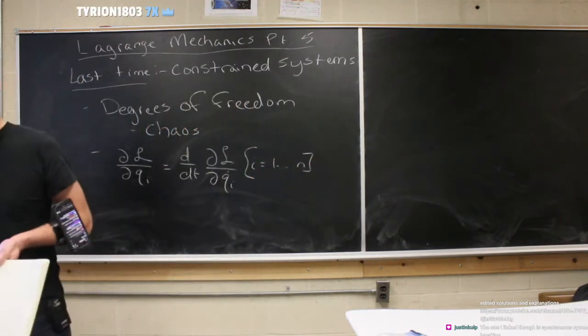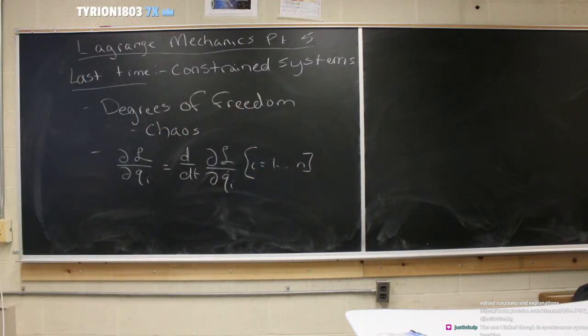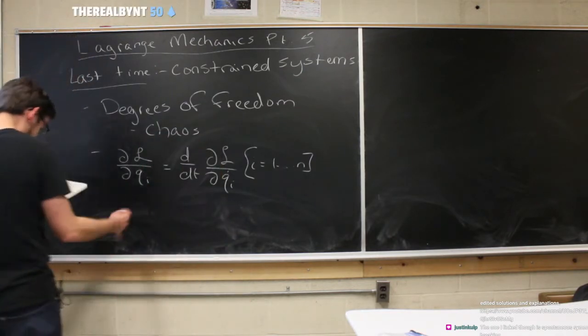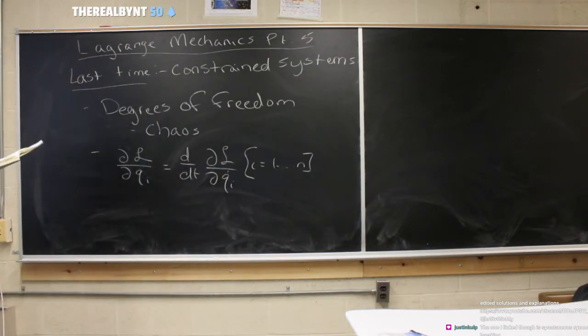Right? So that's what we said last time. So with any system, and this is going to come up a lot today, any system with n degrees of freedom, n generalized coordinates, we have n Lagrange equations with the equations of motions, okay?